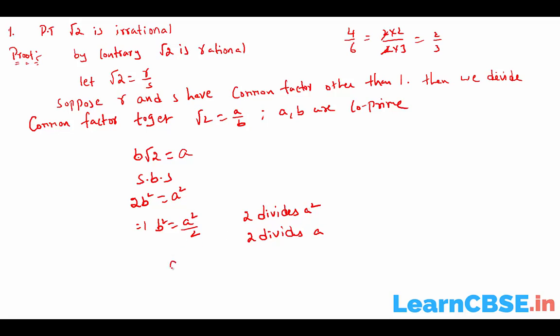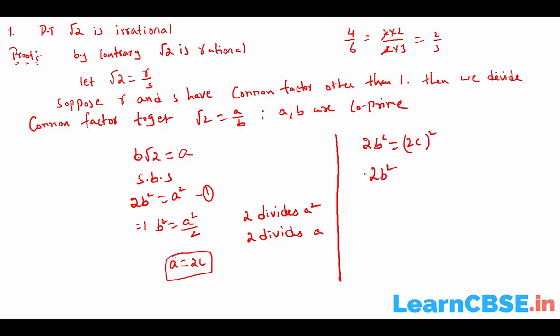Now I'm writing a equals 2c, where c is some other constant. Now equation 1 becomes 2b square equals 2c whole square. Obviously, in the place of a I'm writing 2 into some other constant c, because a square is divided by 2, that means 2 is a factor of a.